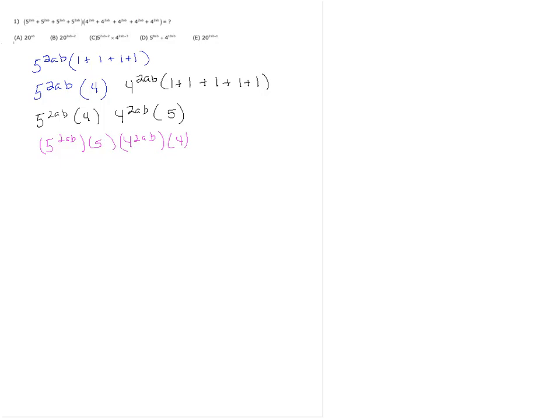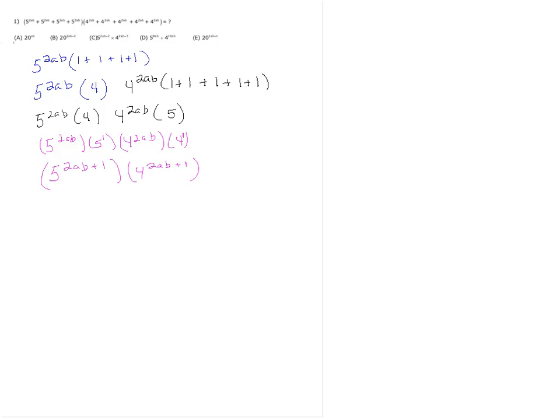And why did I do that? By doing that, we can apply one of the rules that Jeff taught you, which is when you multiply bases that are the same, you keep the base and you add the exponents. You may even want to write the 1s there to remind yourself. So on the left, this becomes 5 to the 2ab plus 1. And on the right, this is 4 to the 2ab plus 1.